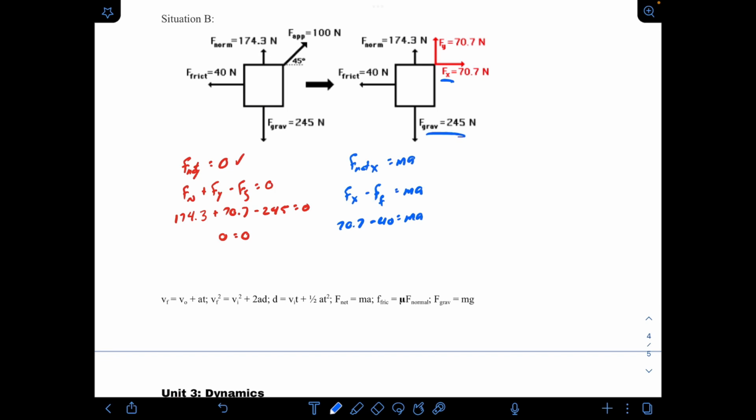I need the mass, so I automatically jump to the gravitational force equals mg. So 245 equals m times 9.8. So 245 divided by 9.8 should give me a mass of 25 kilograms.